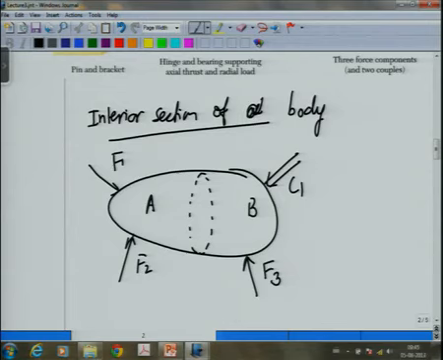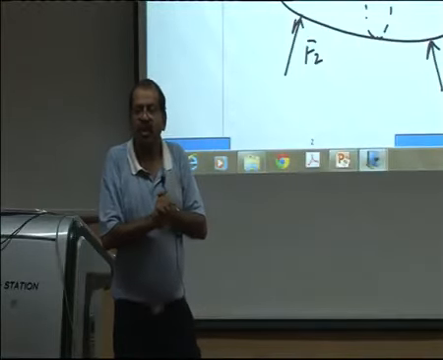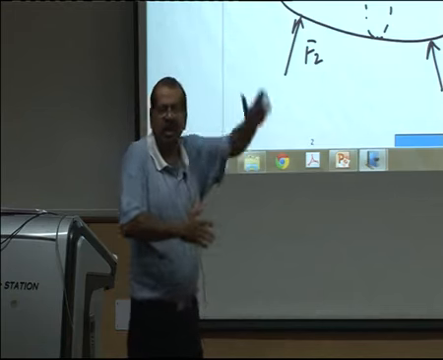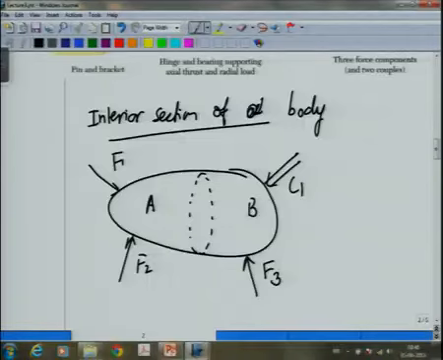Now, if I make a cut section on the body, which I show as the dotted line, and I want to draw the free body diagram of the two cut sections of the body, either of the left hand side or of the right hand side, then how do I draw that?